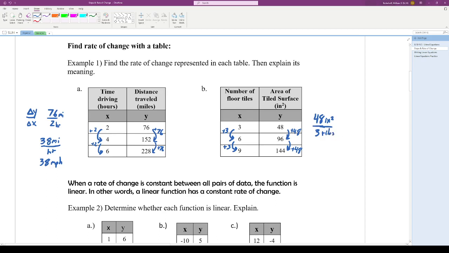So if we simplify, 48 over 3 could be written as 16 square inches per tile. If we're tiling a surface area, each of those tiles makes up 16 square inches, and we've added 3 of them at each step, so our total area has gone up by 48.